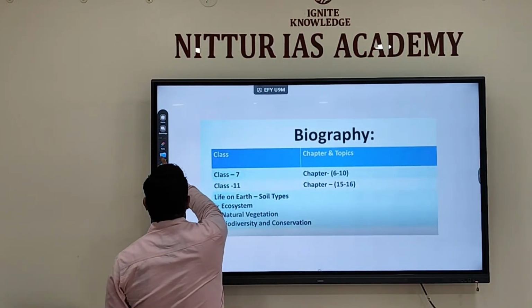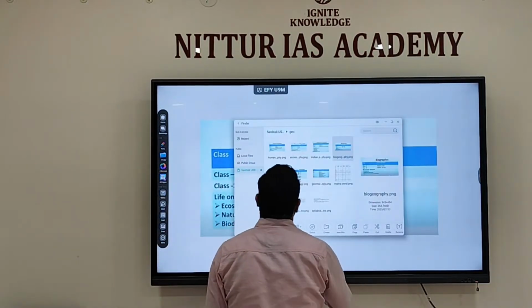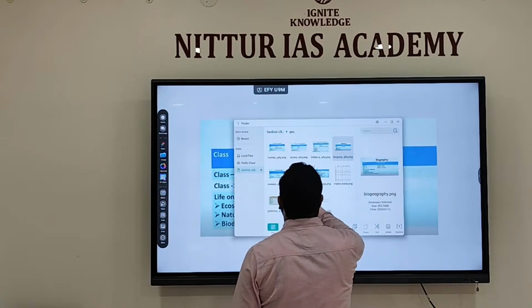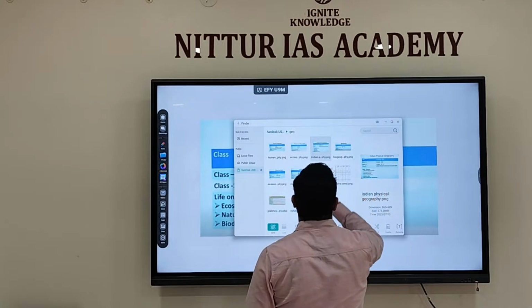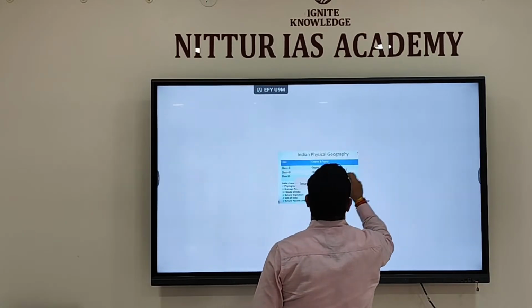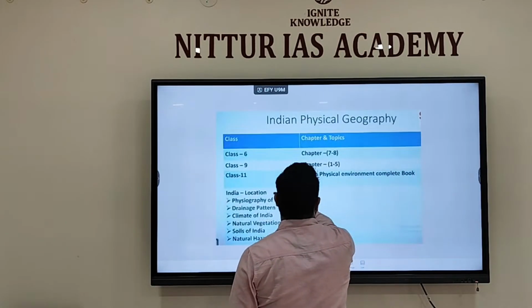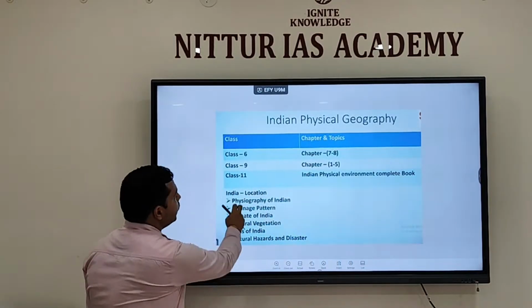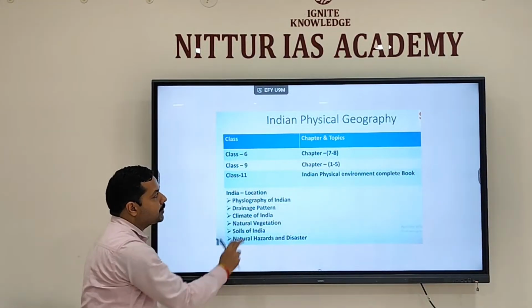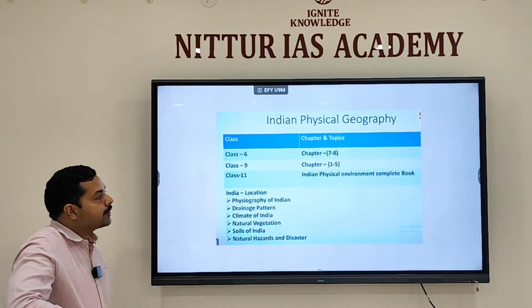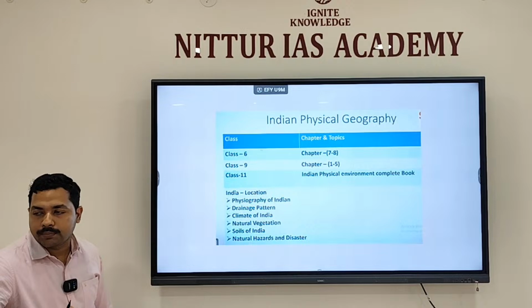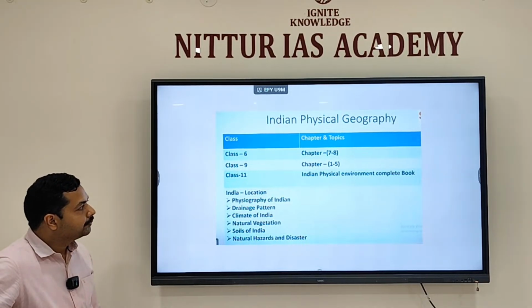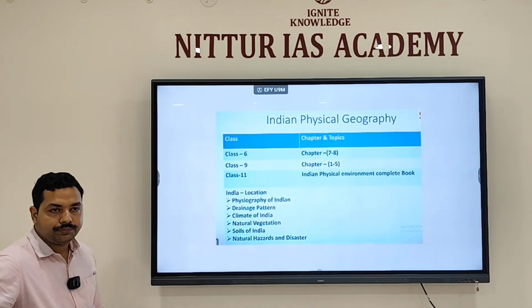Next, for Indian physical geography, you can cover class 6th, chapter 7 and 8, class 9, chapter 1 to 5, and class 11th, Indian Physical Environment, complete book you need to read.